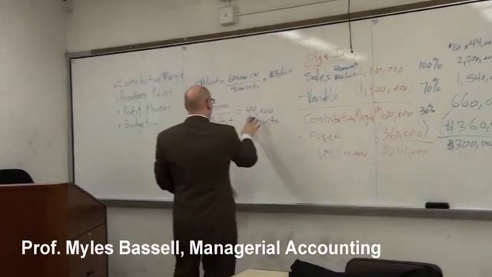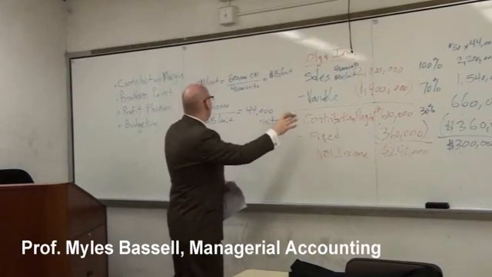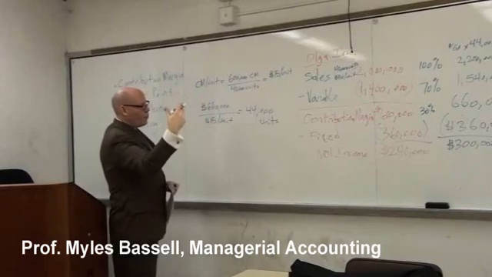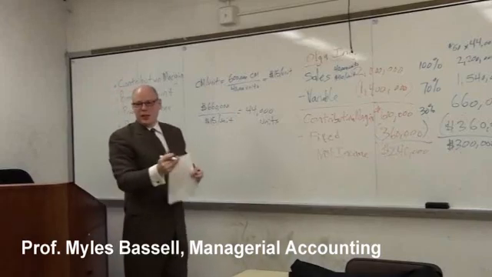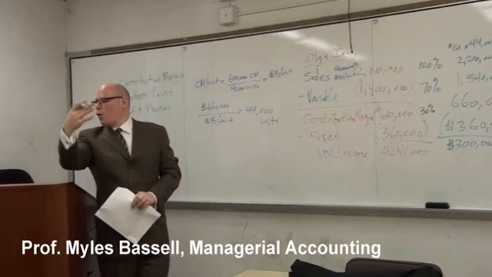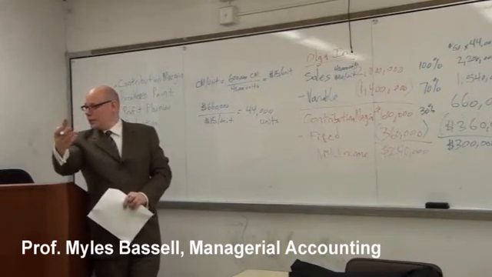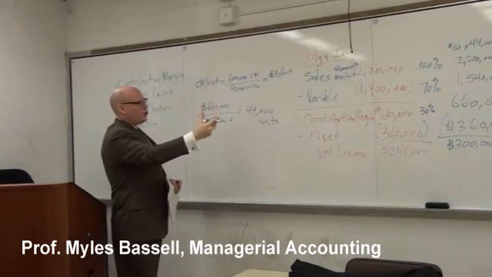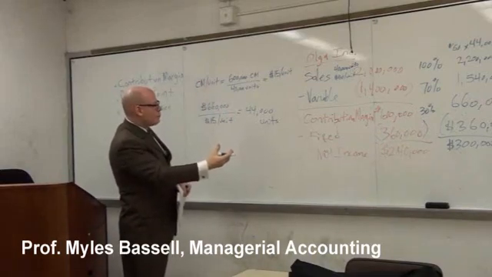Does everybody see how we got to 44,000 units? First, we calculated the contribution margin per unit. That means, if we subtract the variable expenses from the sales price, how much margin is left? The contribution margin doesn't reflect the fixed cost. We just want to know how much is left after we cover our variable expenses.